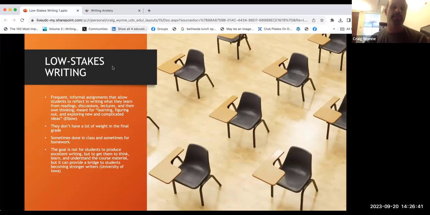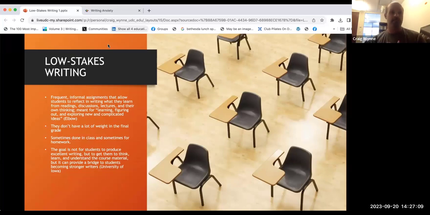But it's not to get them to produce excellent writing right off the bat, but just to get them to think and learn and understand course material. And I see Grace's comment about low stakes assignments. They allow students to experiment with their writing without the fear of making significant mistakes, because that can come up on an essay that's worth X percentage of the grade.